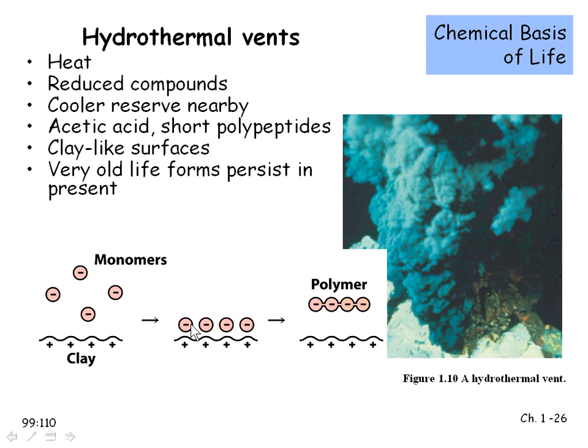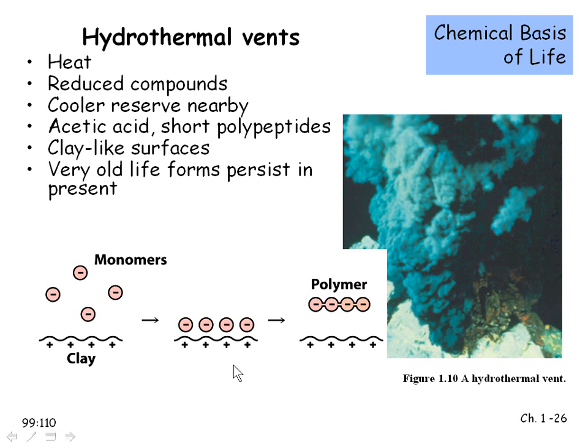And indeed, we have found things like acetic acid and short polypeptides forming abiotically, without biological interference. Some of the other proposals about how life might have started have invoked clay-like surfaces, since to get things organized, it would be nice to have somewhere to get it started.